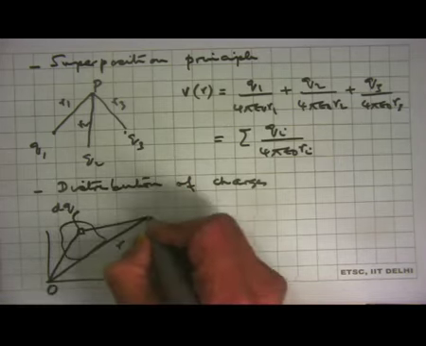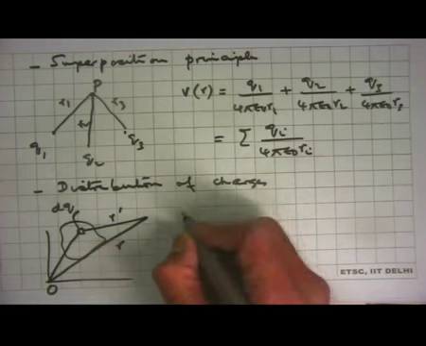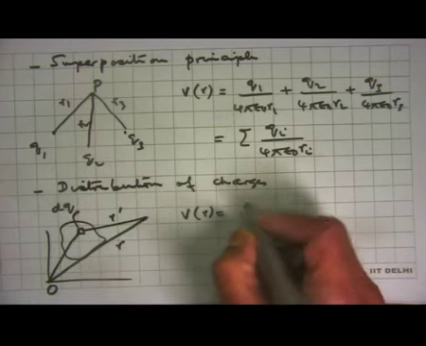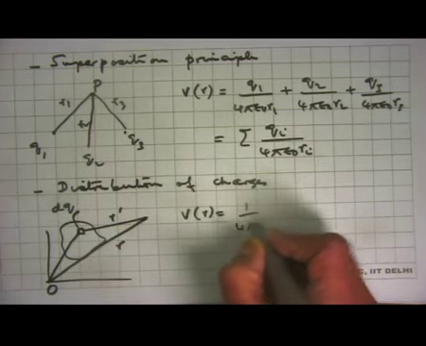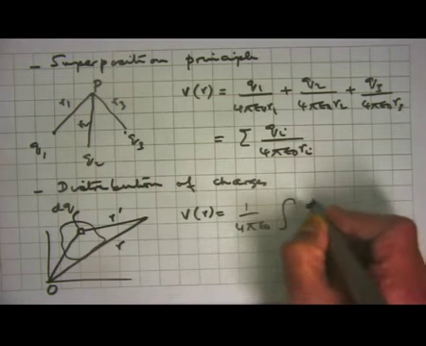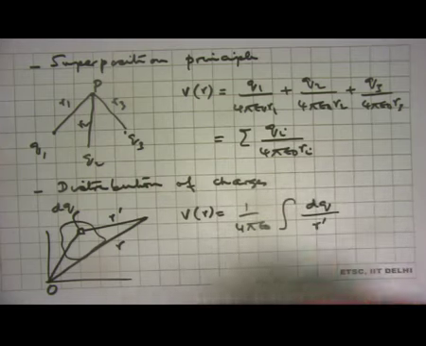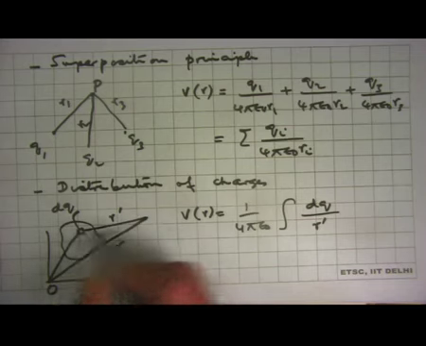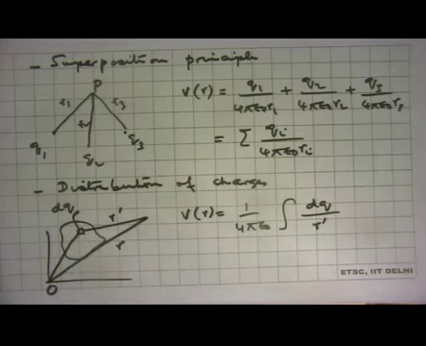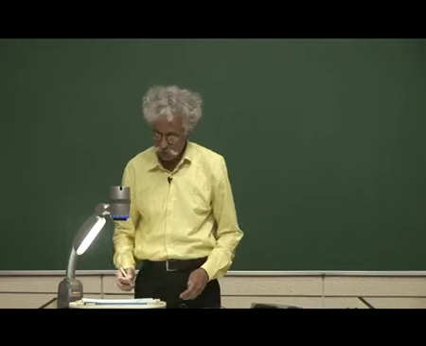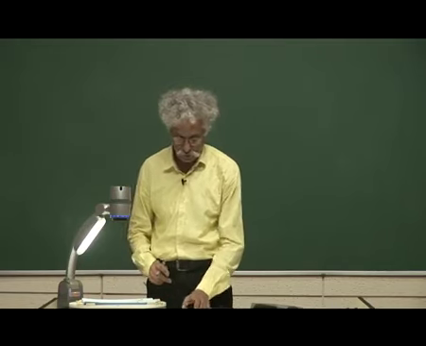This is the origin, and if I call this r prime, V at r is equal to 1 by 4 pi epsilon 0 integral dq by r prime. So, r prime is the distance of this point from the elementary charge dq, and I integrate over the entire volume or the surface or the line to get the total potential at that point.